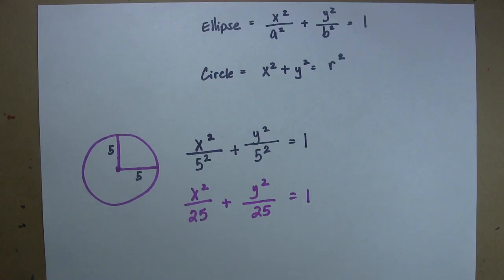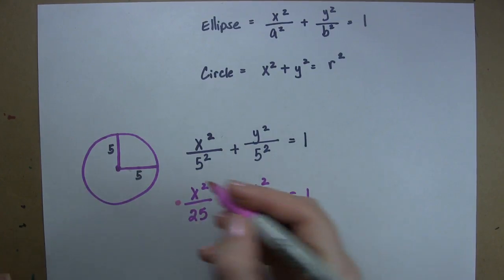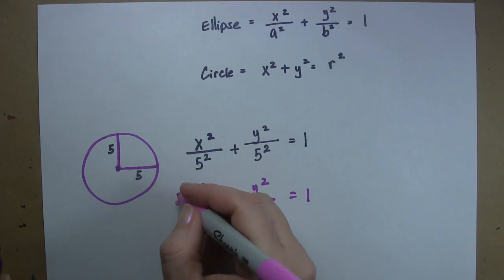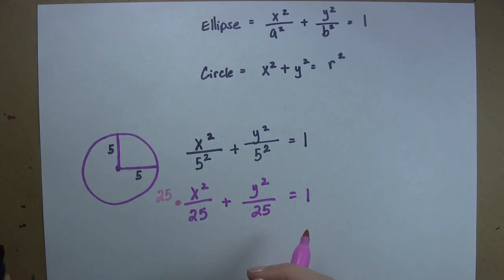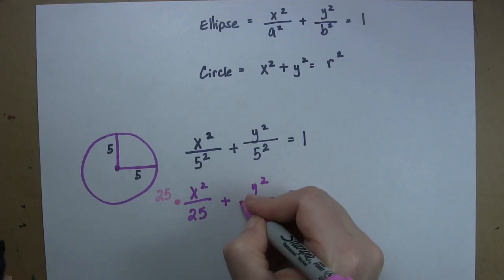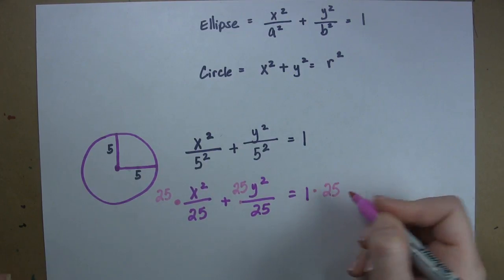Okay, so in order to get from this format to this format, what we do is we get rid of the denominators. So here, I'm going to multiply this fraction by 25. And I'm going to do that for all of them. I'm going to do 25, and I'm going to do 25 over here.